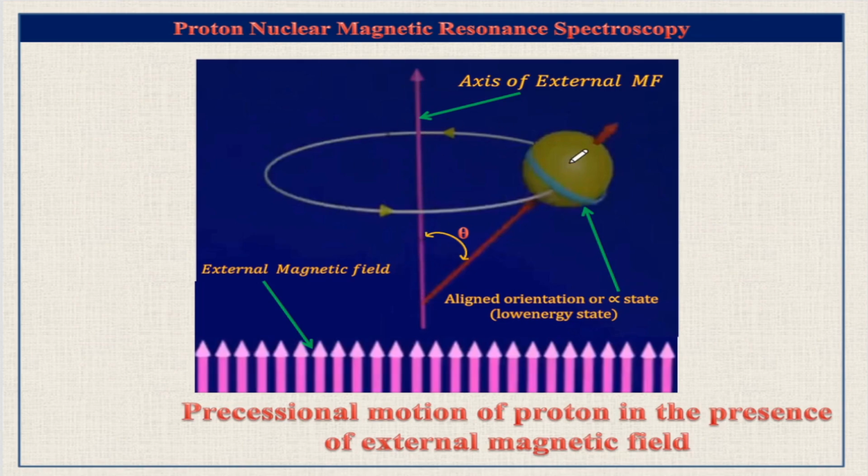Here the proton is spinning, inclined at angle theta, and revolves around the axis of the external applied magnetic field. This revolution of the spinning proton around the axis of the external applied magnetic field is called precessional motion.